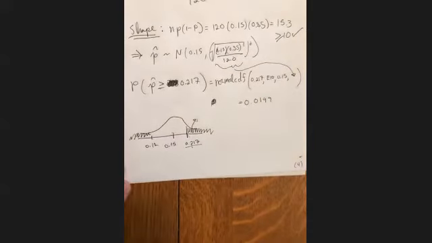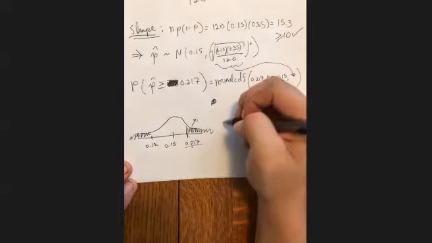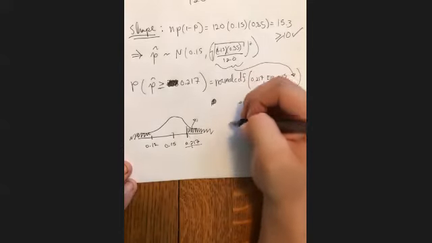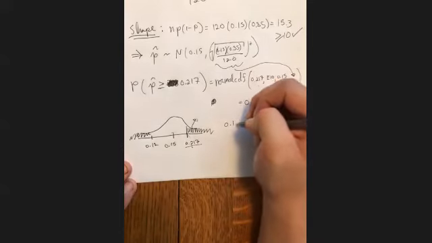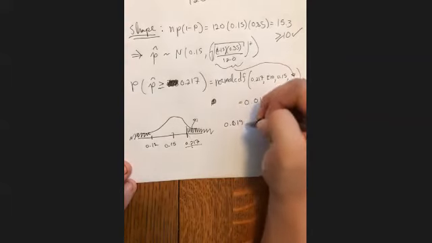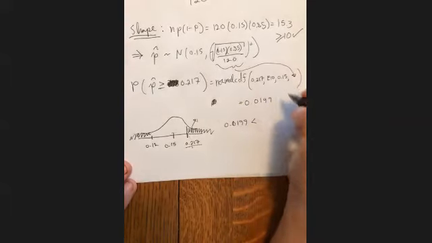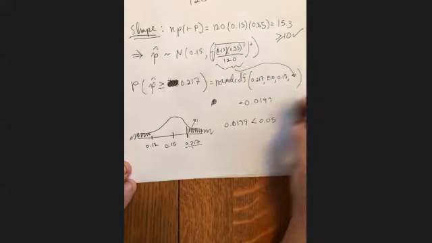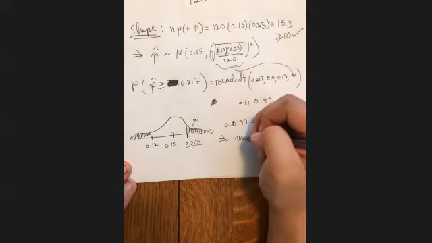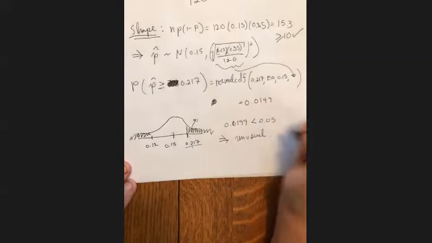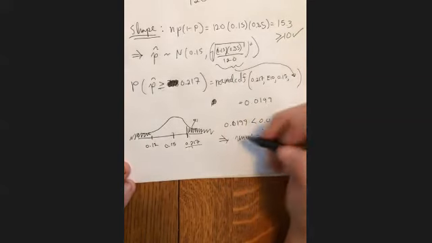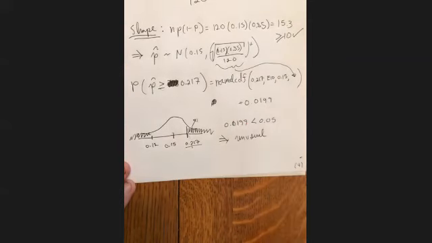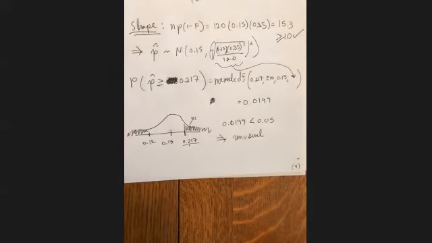Well, as we learned, if the probability is less than 0.05, then we claim that it's unusual. This is less than 5%. This is 2%. So this is an unusual sample to have taken.